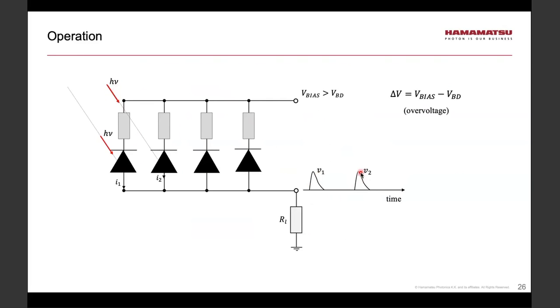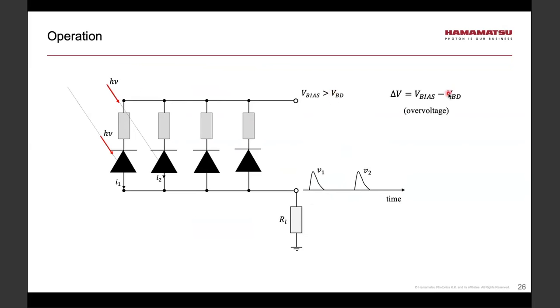So one could say that the output from the SiPM is a chronological superposition of pulses, current pulses or voltage pulses, that the device produces. Please note that for this device to operate, the bias voltage has to be greater than the breakdown voltage.